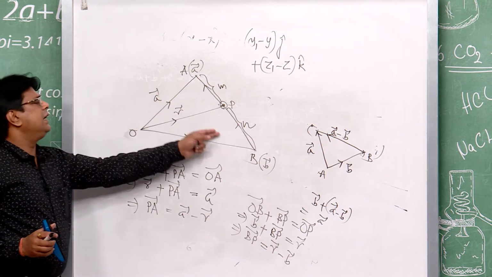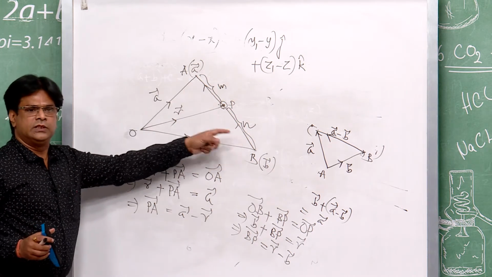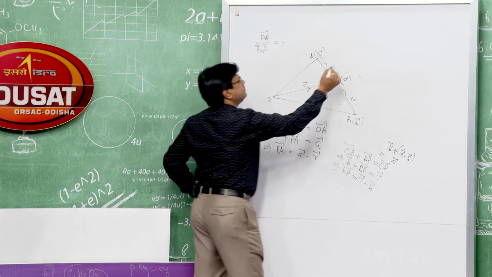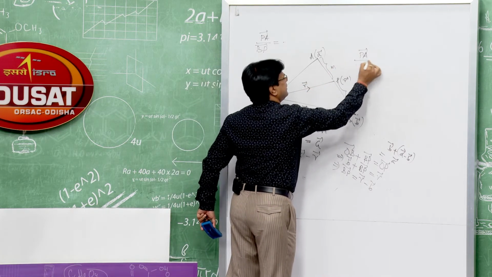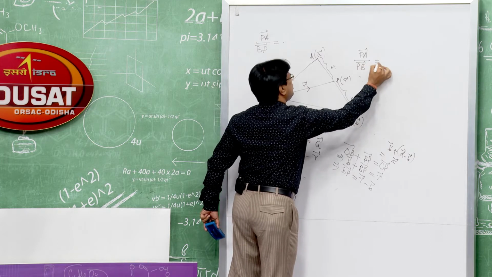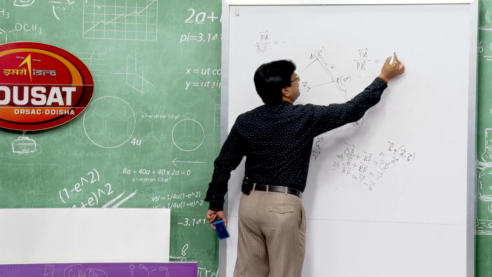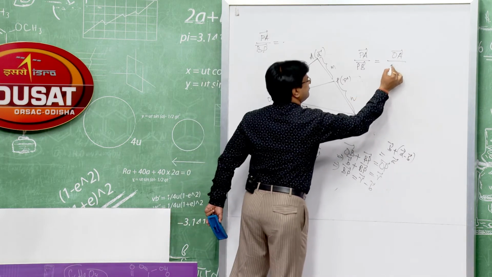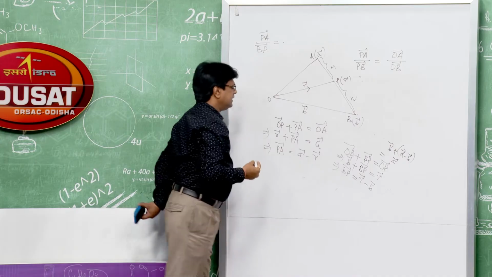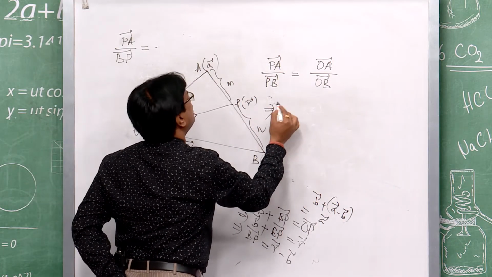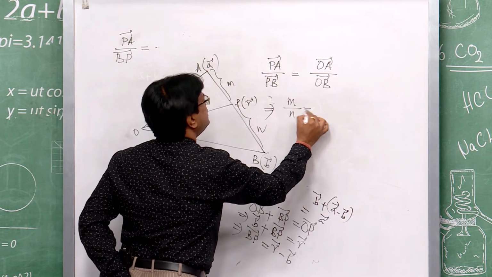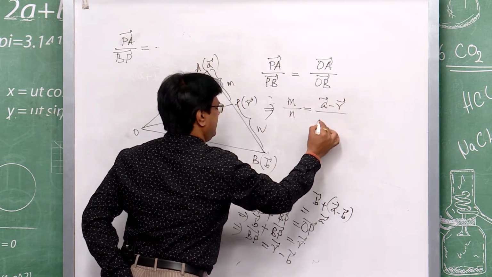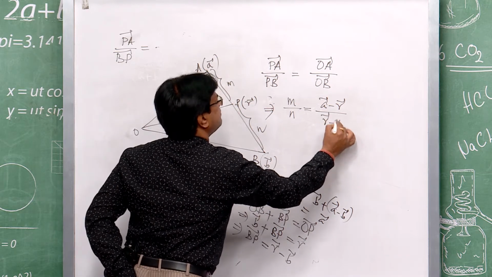So, in this triangle, this ratio becomes PA by PB, which is m by n, equal to a minus r by r minus b.